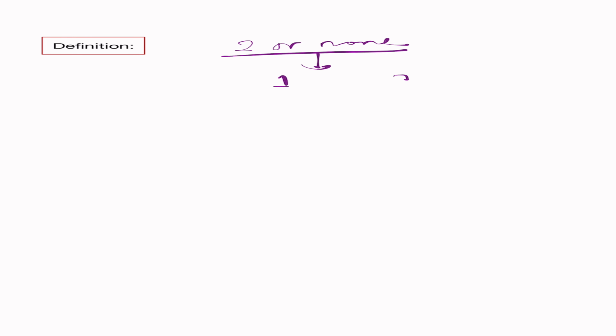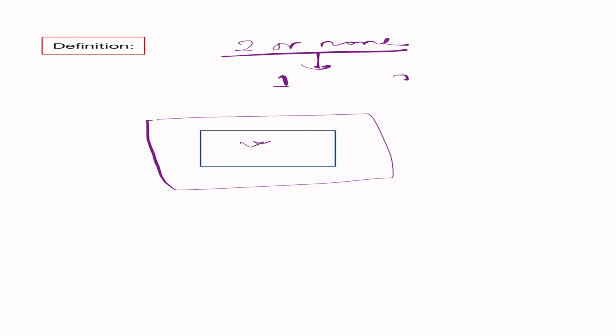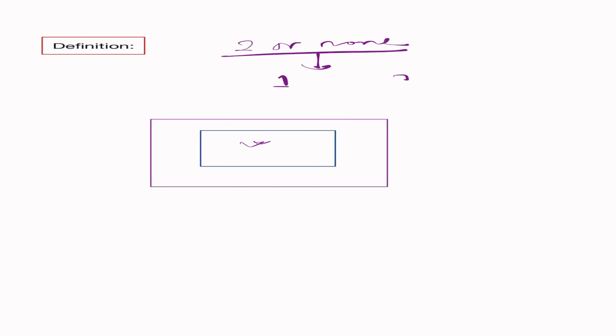So let's look at an example. Let's say we have a box here. Then we want to put this box into another box. Now you want to make this just one box, okay?